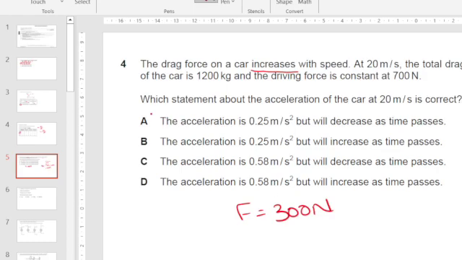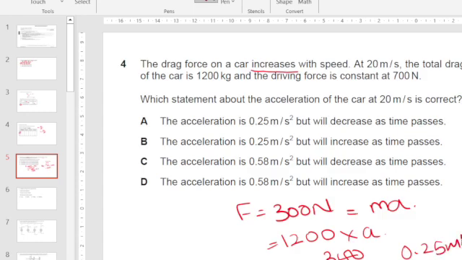But the question they are asking is which statement about the acceleration. So what is the acceleration of the car? Force is mass into acceleration. Mass is given as 1200 and acceleration I'm supposed to find out. So if you find 300 by 1200, we will get 0.25 meter per second square as the acceleration.